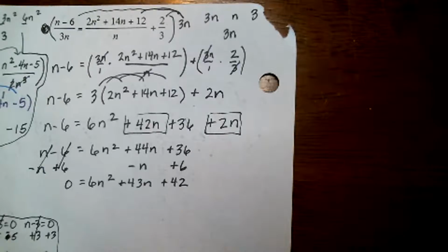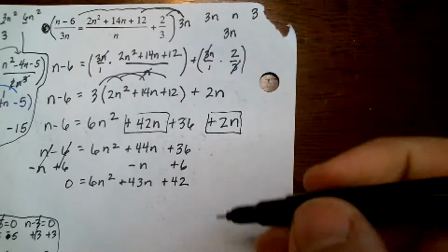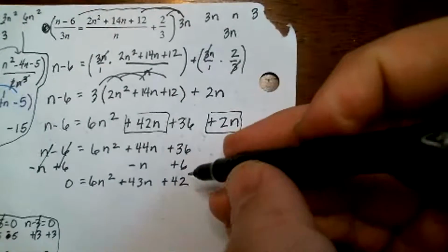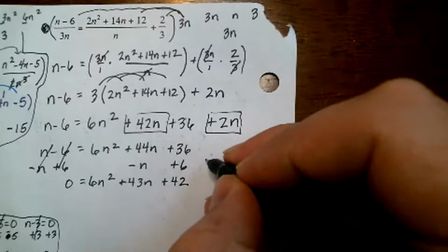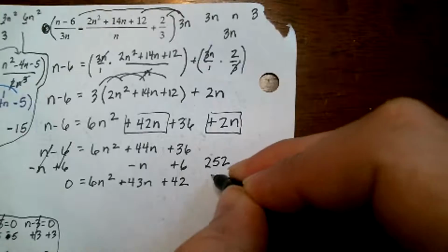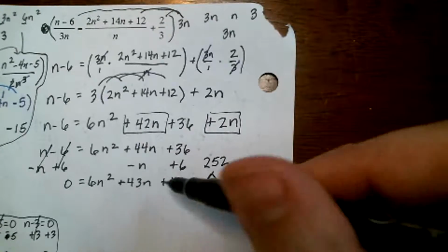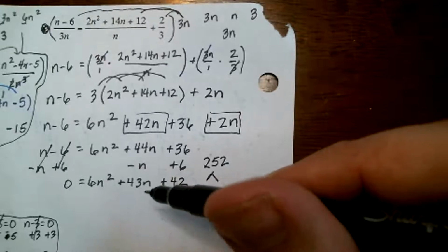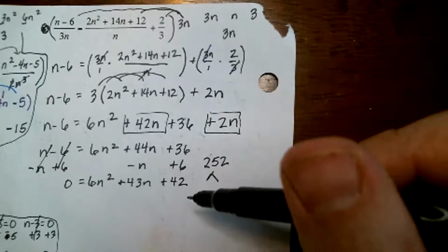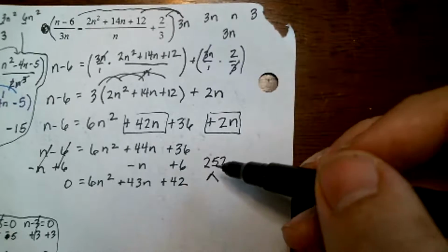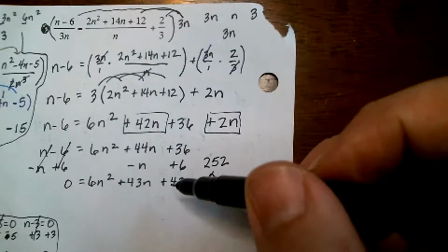Now, here's where I factor. This is a nasty factor problem. So 6 times 42 is 252. What will multiply to be 252 and add to be 43? Now, if you weren't good at factoring, someone type in the chat box what you could do here to find what n is.